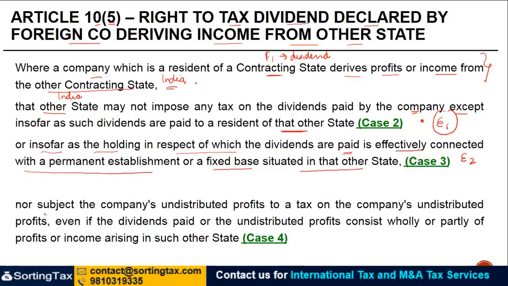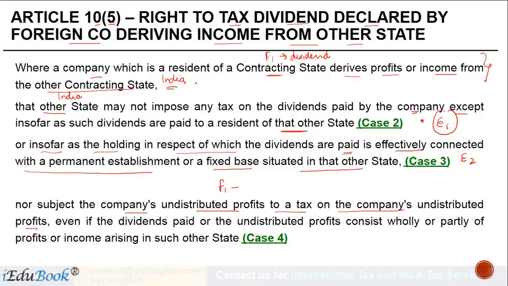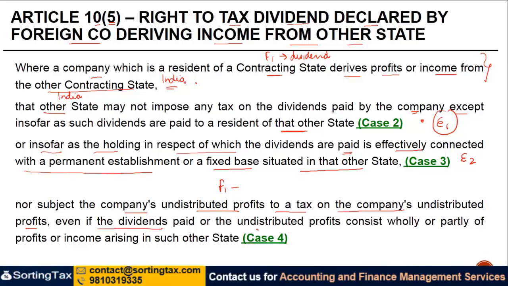Now, what additionally source state can't do is nor subject the company's undistributed profits to tax. So if F1 has certain undistributed profits, it cannot be subjected to tax on the company's undistributed profits, even if the dividend paid or the undistributed profits consist wholly or partly of the profits or income arising in such other state.